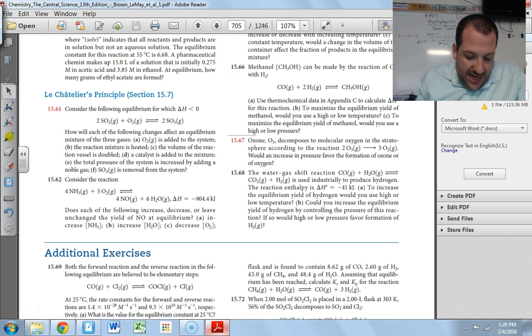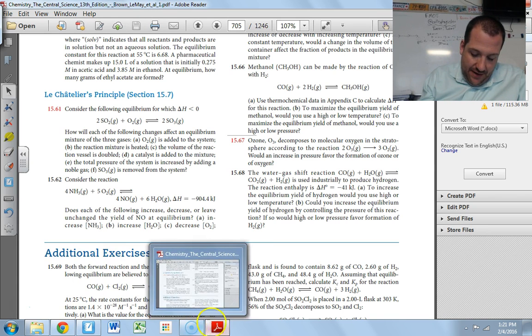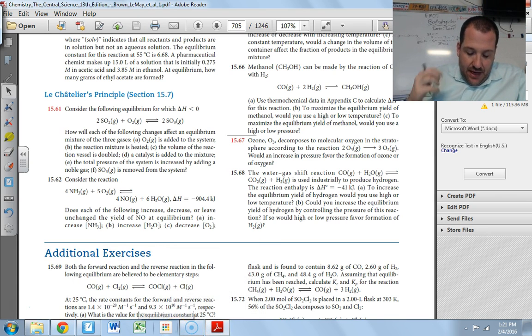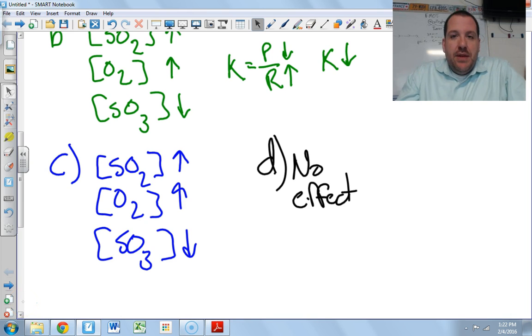And then E, the total pressure of the system is increased by adding a noble gas. This is kind of an interesting thing, because noble gases don't react. It could be any inert gas. It doesn't have to be neon or argon or one of the noble gases.